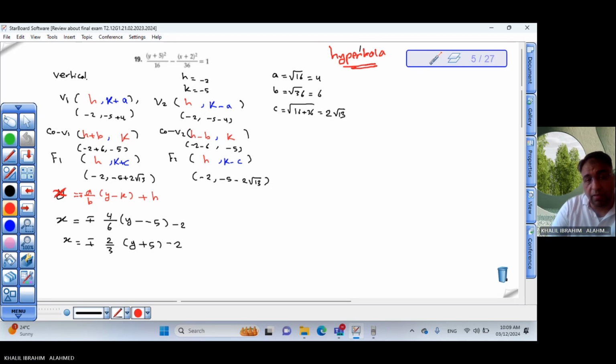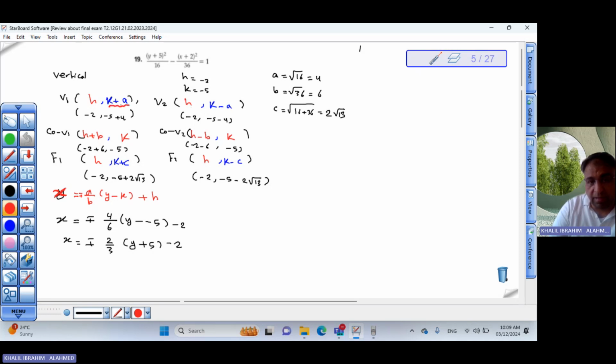Vertical: the first coordinate, x, doesn't change, it's the same, h. The change is on the vertical axis, the y-axis.